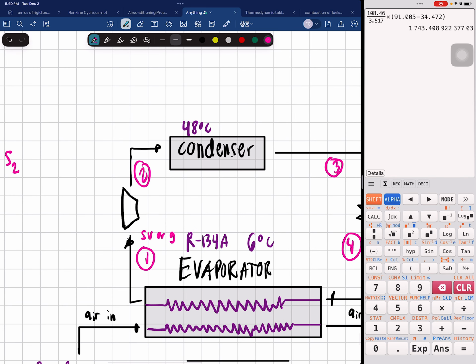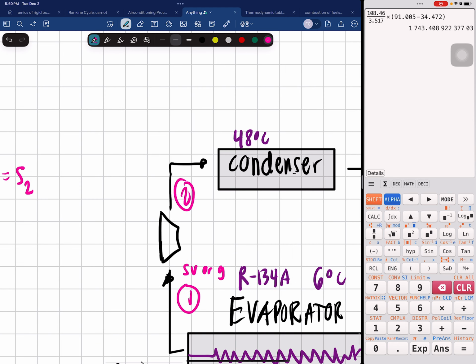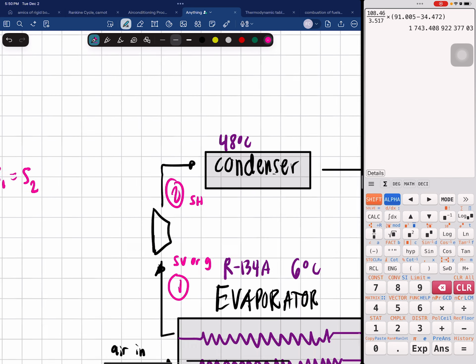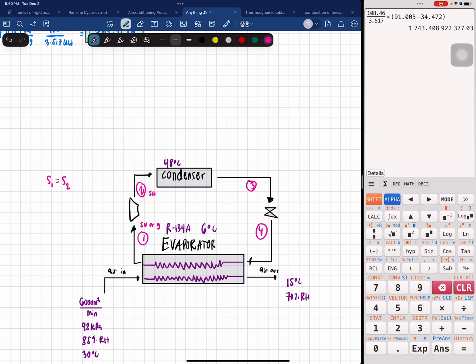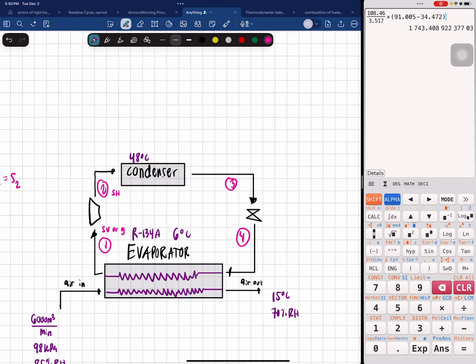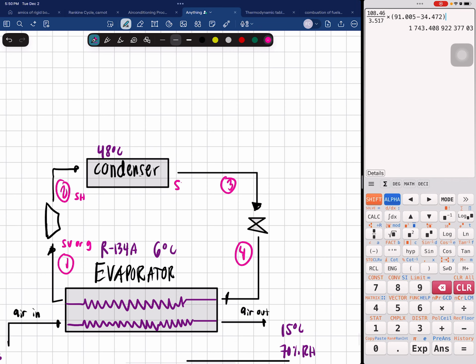At 2, this will simply be your superheated refrigerant, okay? This is superheated. Okay? So, leaving the condenser at point 3, if you recall your refrigeration system, this will be saturated liquid, or your F. Okay?